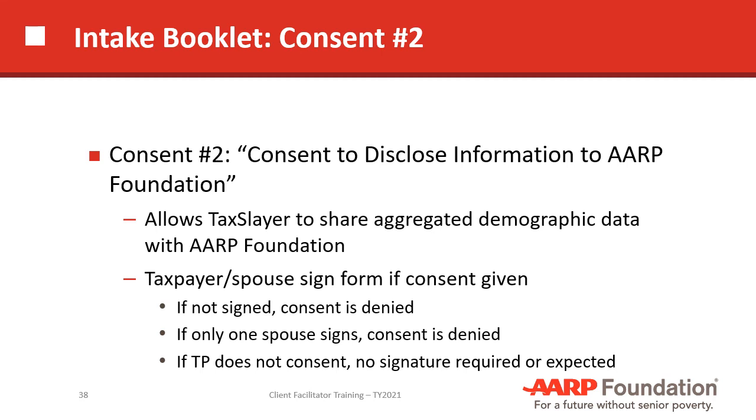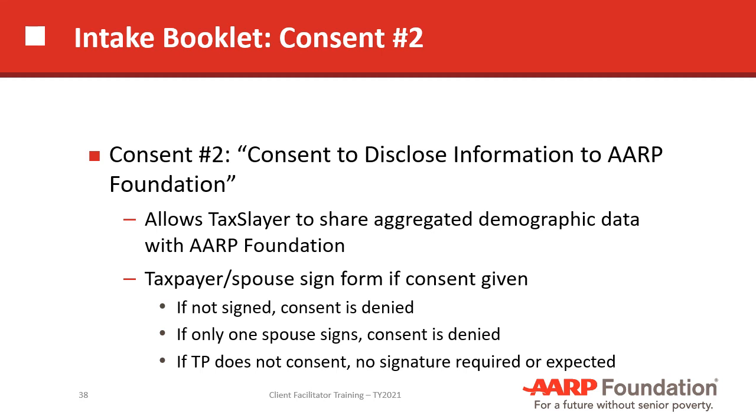It is information that the AARP needs and wants to collect about all of our taxpayers so that the AARP Foundation can get additional funding based on the number of people that we help each year. So by collecting this aggregated data about our taxpayers, it provides more money to the foundation.